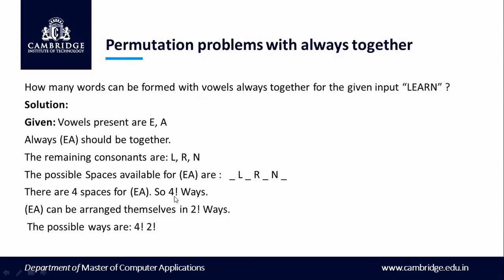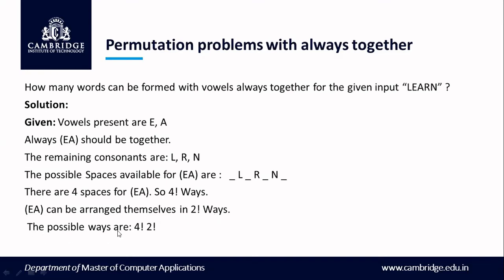So the possible ways is 4 factorial ways. But EA should come together, and it can come as EA or AE also. So the EA can be arranged themselves in 2 factorial ways.